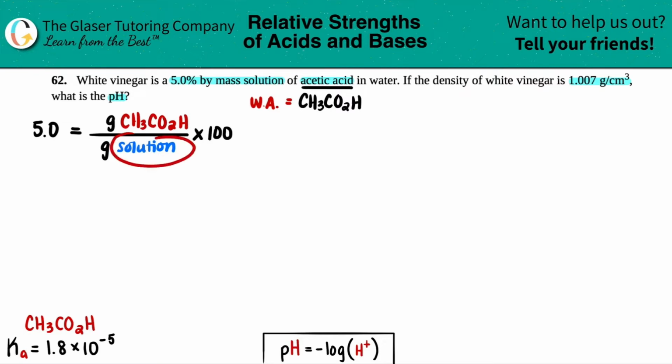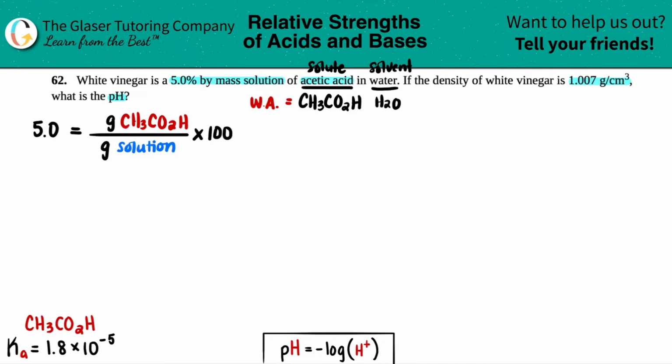Now, the solution is the whole entire thing. It's the acetic acid plus the water. The acetic acid is the solute, the solvent is the water, H2O, and together, once you place the acetic acid in the water, that becomes the solution.